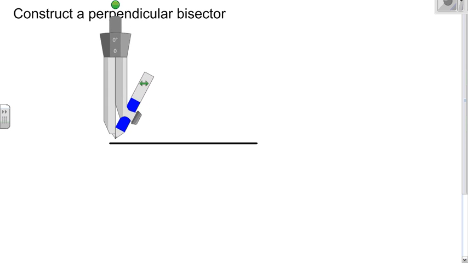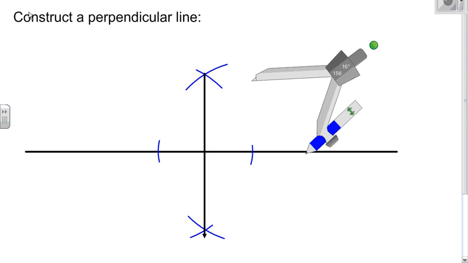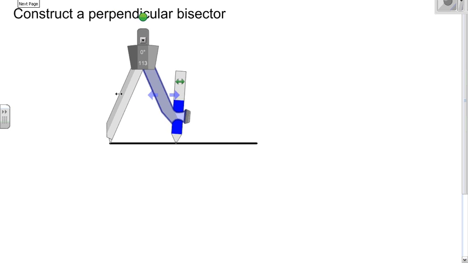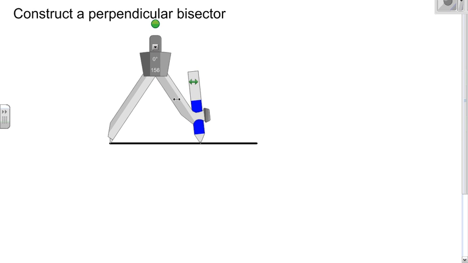You can construct a perpendicular bisector if you do the same thing, but rather than making these original construction marks, we just need to use the given endpoints of our segment that we're trying to bisect. You need to stretch your compass further than halfway across the segment we're bisecting.